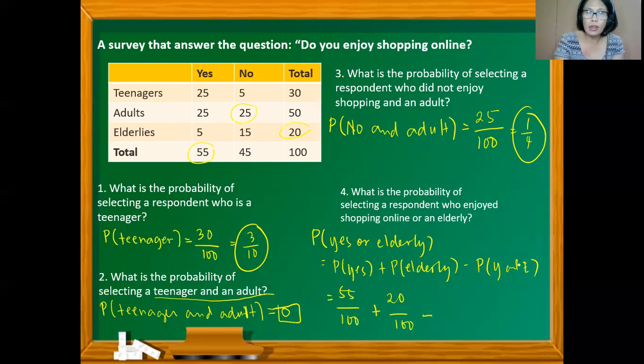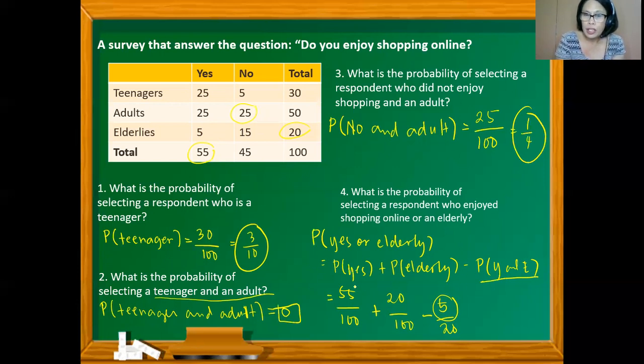How many elderlies from the 20 at the same time enjoyed shopping? There are 5. So this is 5 over 100. The reason why we less this 5 is that we avoid overlapping, and this 5 is actually their joint probability.